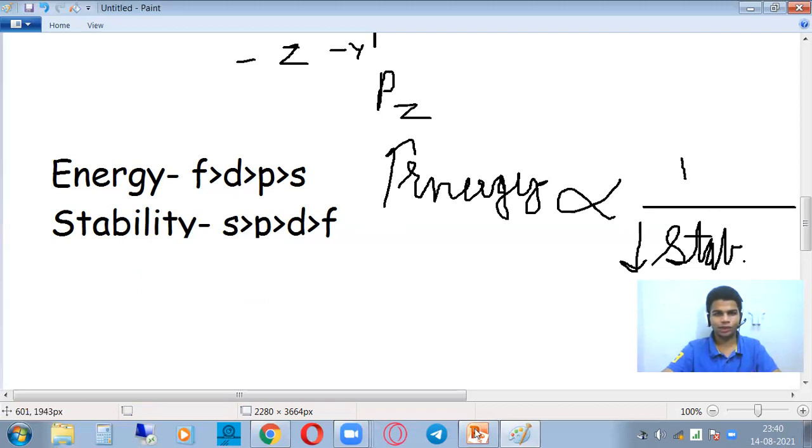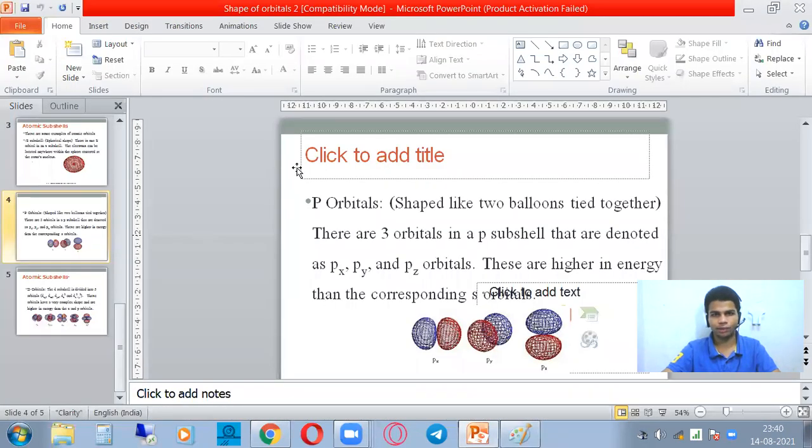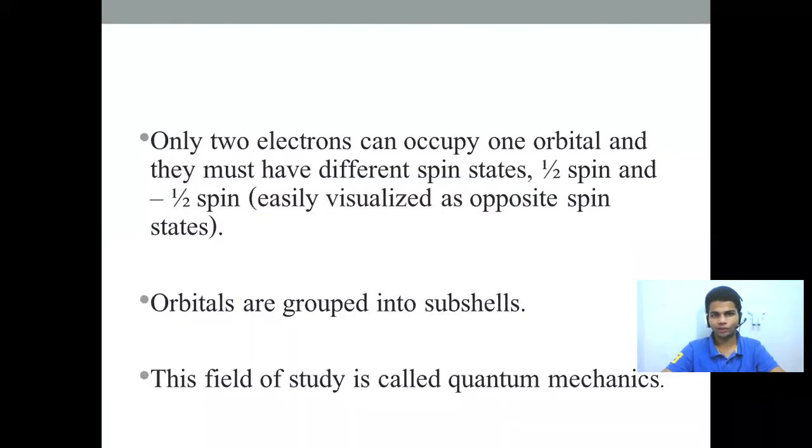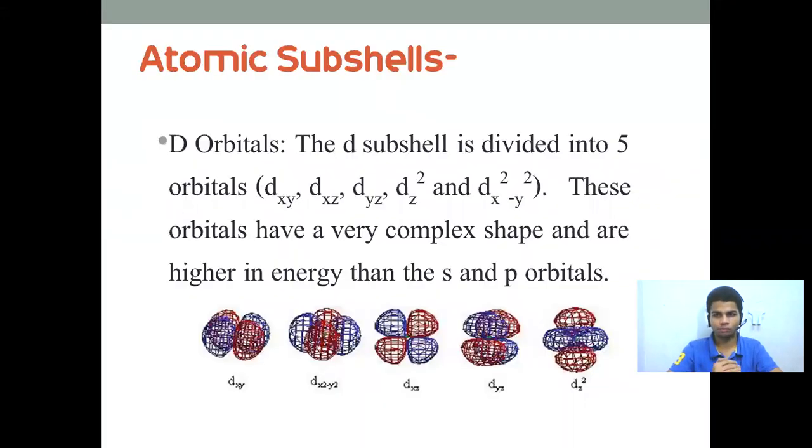Now let us move to the d orbital. That one is our last topic. Atomic orbitals we already finished. Now the atomic subshells: p, d. So here is the d orbital. We already mentioned that in the d subshell there will be 5 d orbitals with the names dxy, dyz, dzx, dz square and dx square minus y square. These orbitals have a complex shape compared to the s orbital and p orbital.